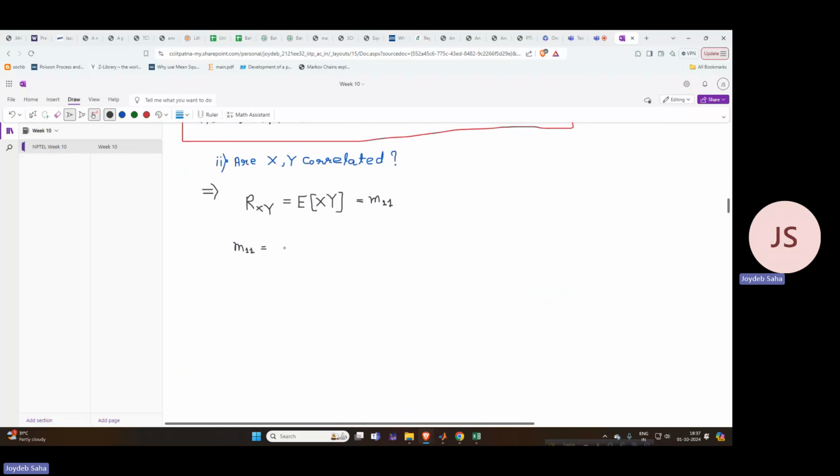So this is minus j square, delta xy, we can write like this, phi xy of omega 1, omega 2, and derivative with respect to what?